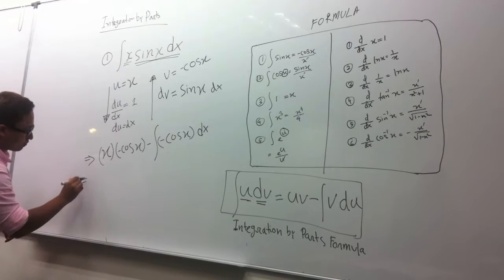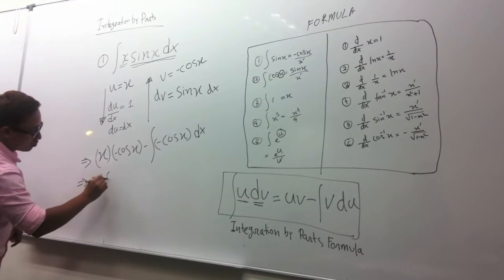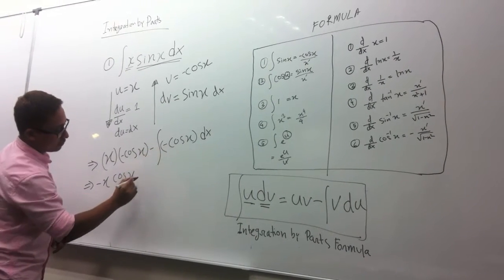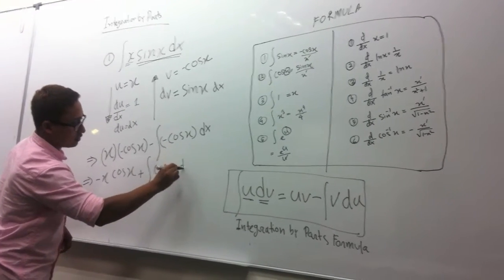So the negative and negative become positive: negative x cos x plus integration of cos x dx.